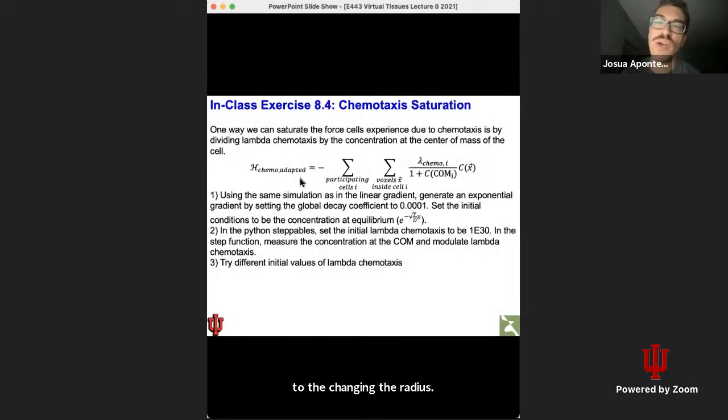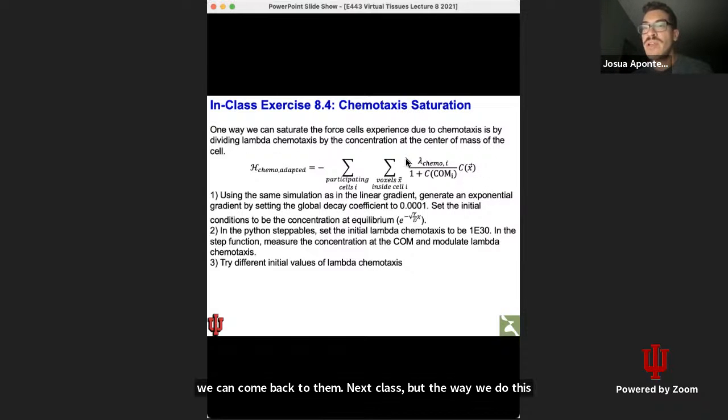I have 9 minutes, so I'm going to try to showcase the next couple of simulations, then we can come back to them next class. The way we do this adaptation is by dividing the Lambda chemotaxis by 1 plus the concentration at the center of mass of the cell.